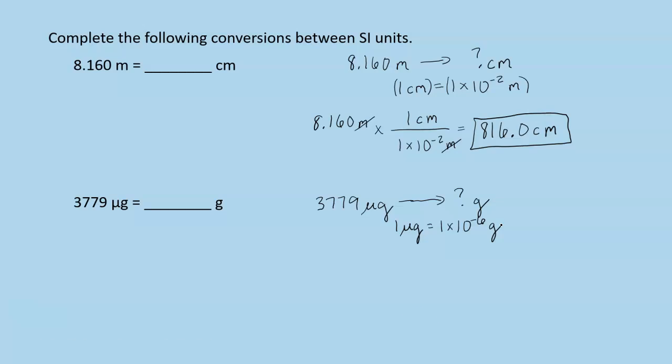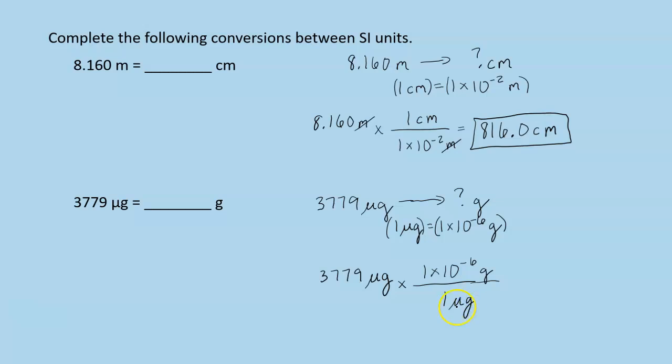Okay, so starting with our given information, we've got 3,779 micrograms. Multiply by our conversion factor. Again, we want to put the target units on top from our equality. So if the target is the gram, then from our equality, we want to use the 1 times 10 to the negative 6th grams on top, which forces the 1 microgram from the equality to go on the bottom.